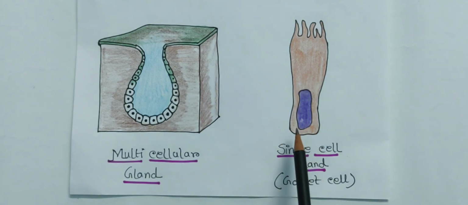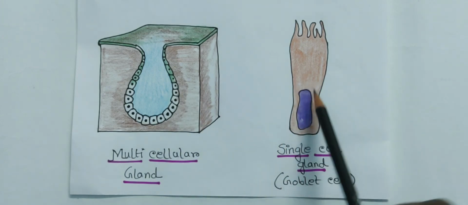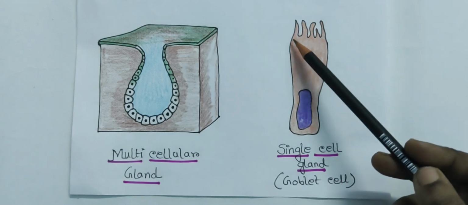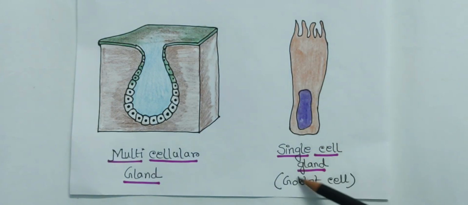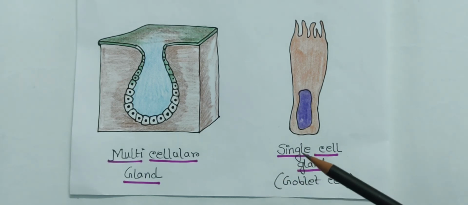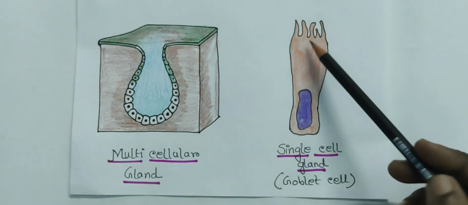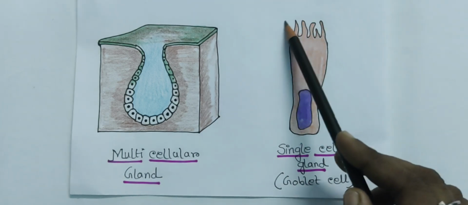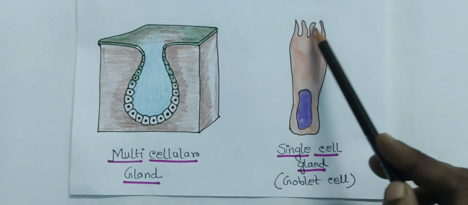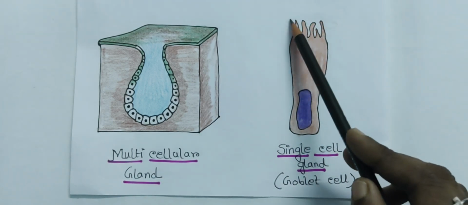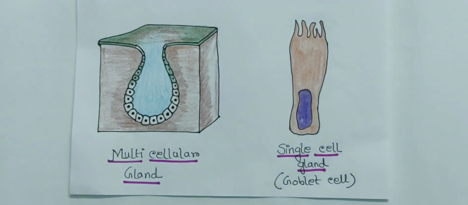The unicellular goblet cells are generally present in the epithelial layer. They secrete their secretion and form a layer of mucus above the epithelial tissue.